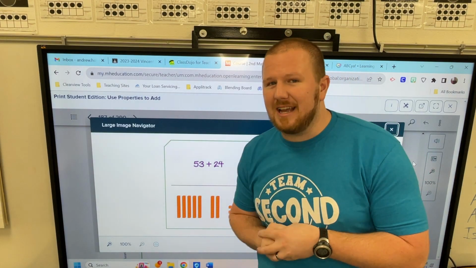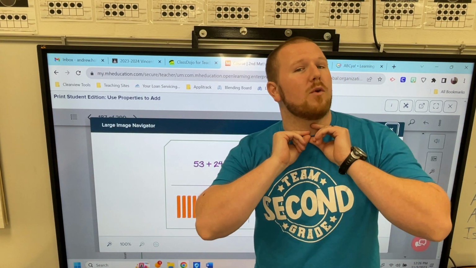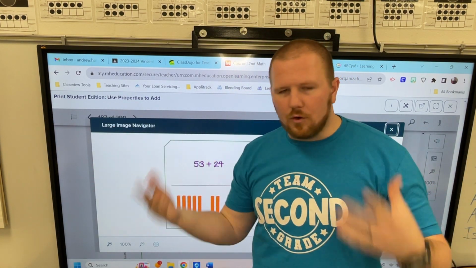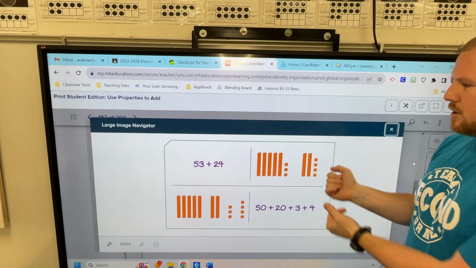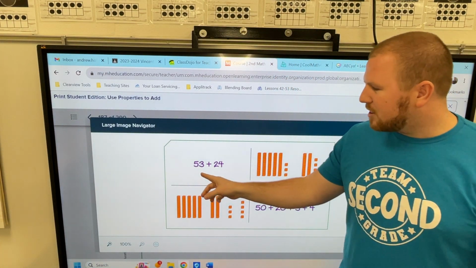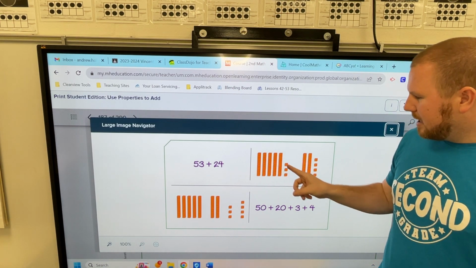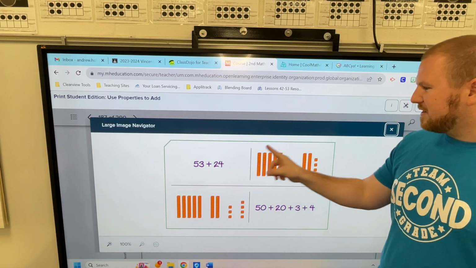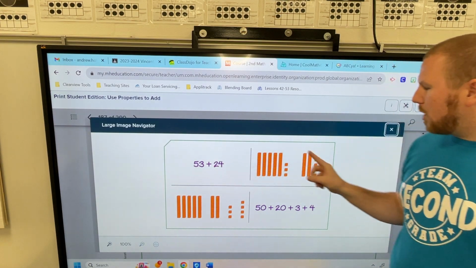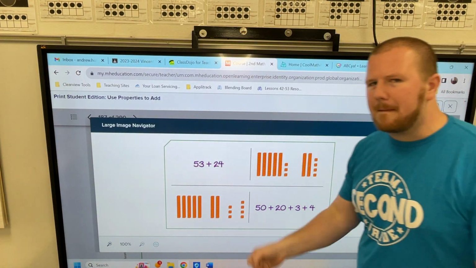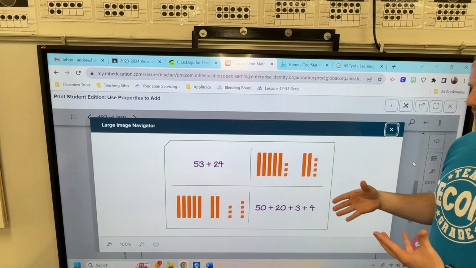If you get 10 tens, it makes one group of 100, and so on and so forth. So we're using these to show the problems. 53 is 10, 20, 30, 40, 50, 51, 52, 53. So this is 53 plus 24. They've used the blocks to represent that equation.